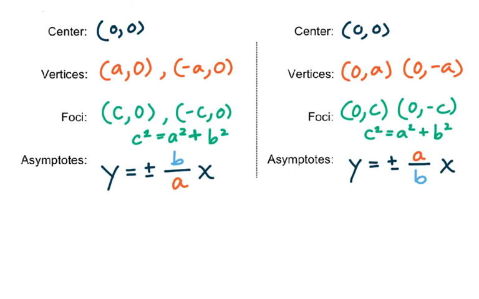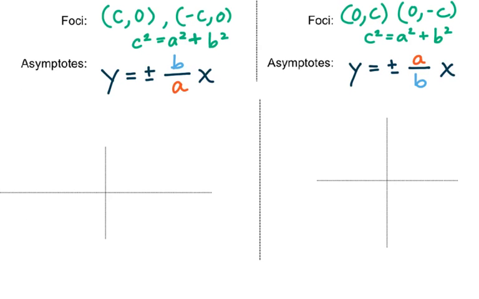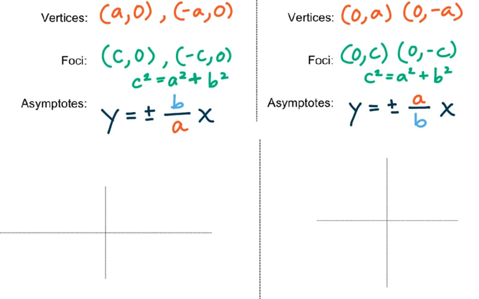All right, so let's look at what these graphs would look like. First thing I'm going to do here is graph my horizontal transverse axis hyperbola. These are centered at the origin. If we have a horizontal transverse axis, that means the axis passing through both hyperbolas is horizontal. So my center, again not a point on the graph, is 0, 0.